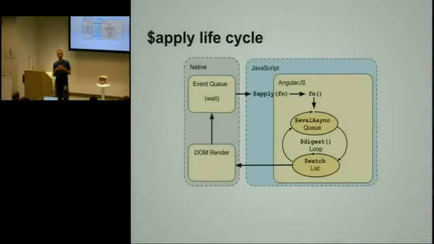These directives will either ask for the scope to be created for them by the compiler, or they will create the scope internally in the directive code. So the granularity of the scope really depends on what you're trying to do. If you're using ng-repeat a lot, then you're going to have a lot of scopes, one scope per repetition. And if you're using ng-view, you're going to have one scope for the entire ng-view.